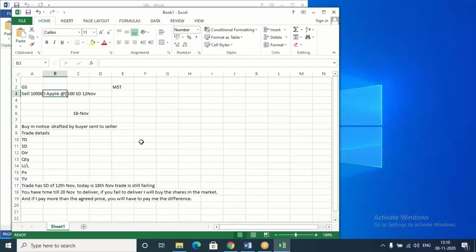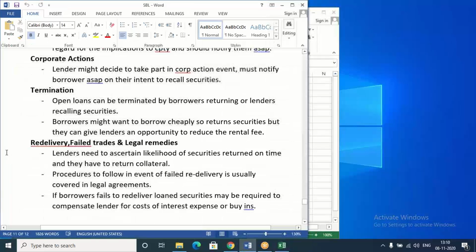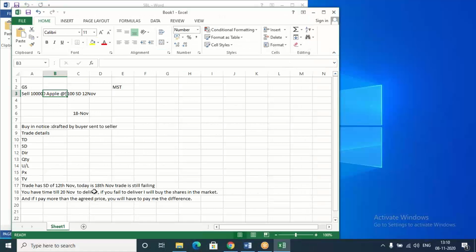Okay. So, as you can see, it's the seller who gets the notice from the buyer. So, if you look at this point, this loan securities, the lender might have made a deal on the back end to deliver the shares to someone else. And since the borrower has failed to deliver back the securities, the lender might have received a buy-in notice, right?